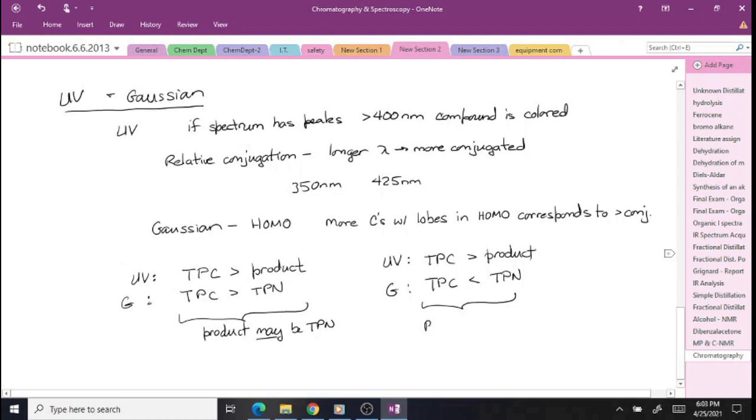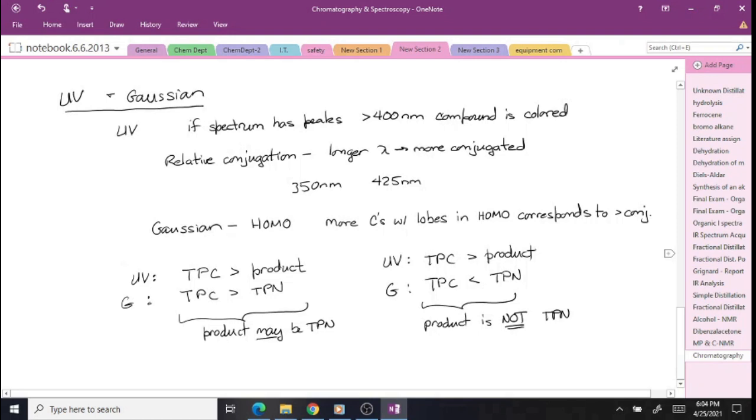This would tell us that our product is not TPN. So we have excluded that. This is more of an exclusionary method, but you compare them. If they tell us the same thing, then they may be the same. If they tell us the opposite, then we can be sure our product is not that particular compound.